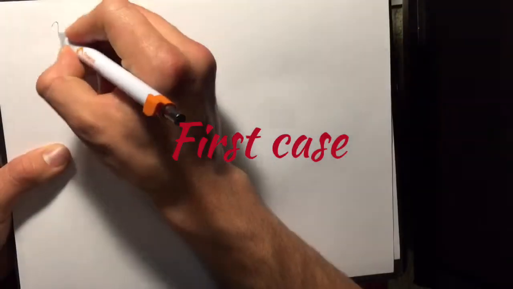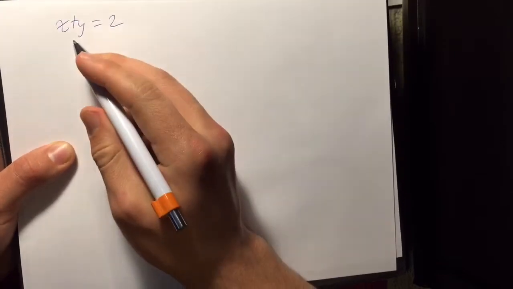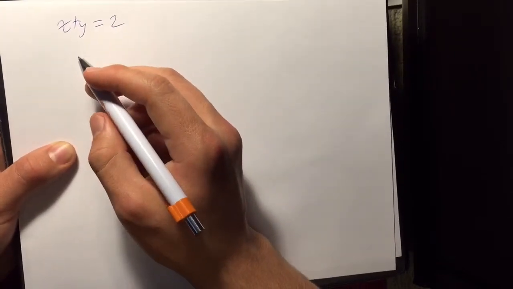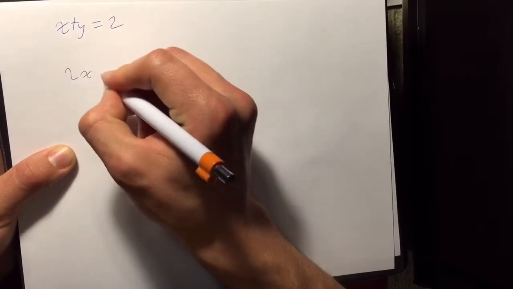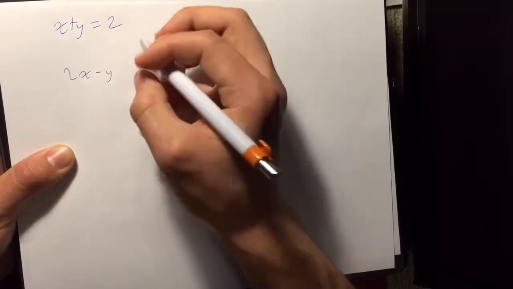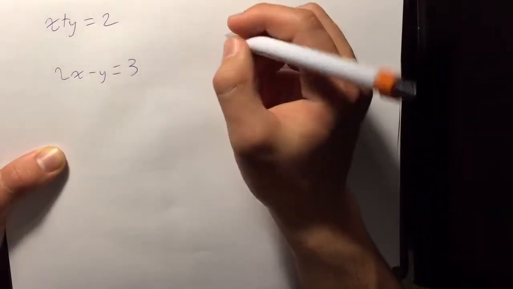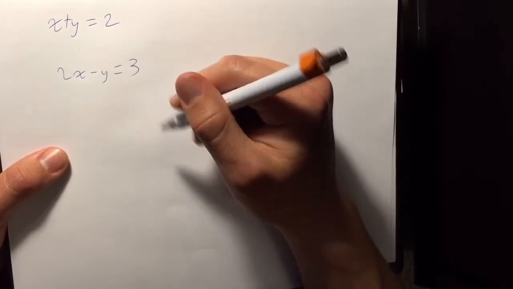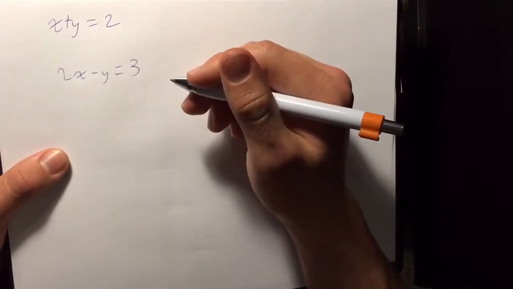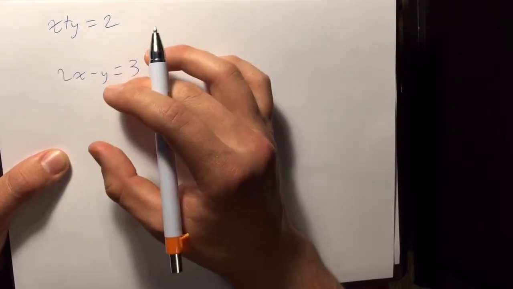We have x plus y equals 2. And let's say we have 2x minus y equals 3. So this is written in standard form, and this is a system of equations, and yes, there are ways to solve it.